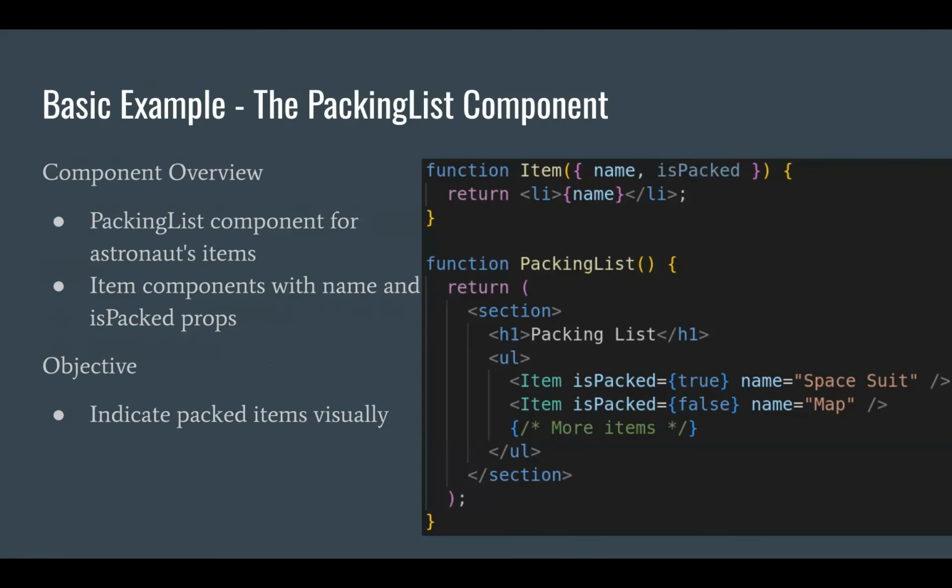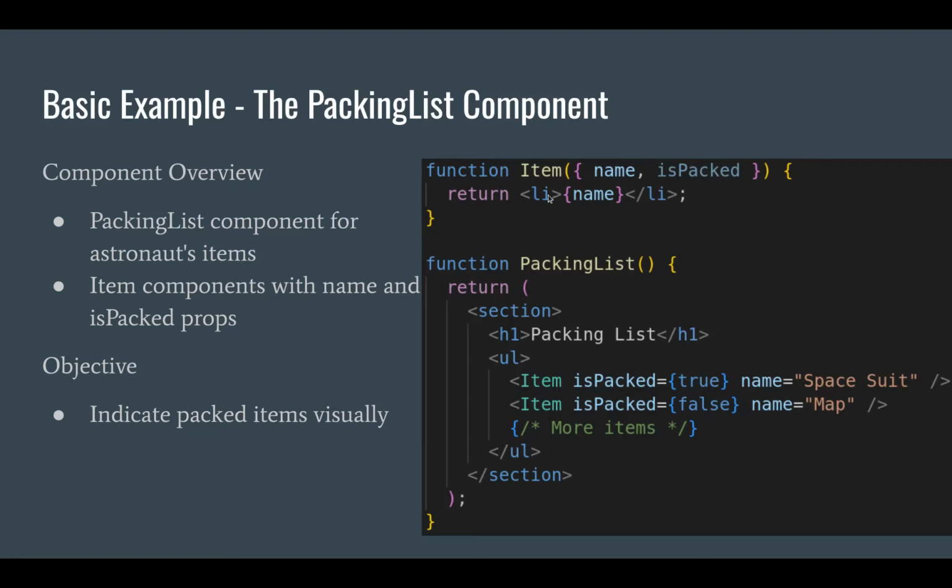Basic example. Let's start with a simple example to help our understanding. Say we're building a packing list component for an astronaut. This component renders a list of items, each of which can be marked as packed or not. Here is how the basic structure looks.